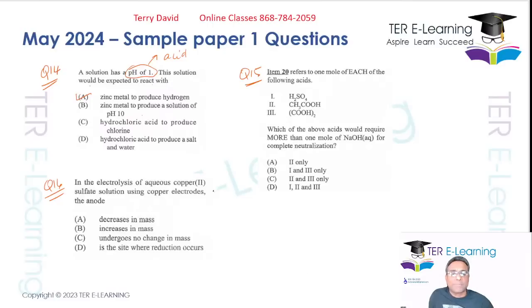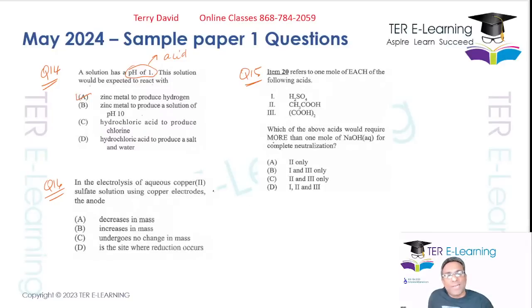Question 15. Right, a lot of people have B as the answer. Let's see what's happening here.